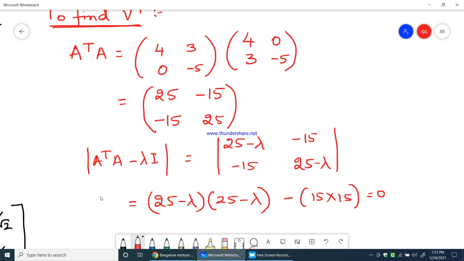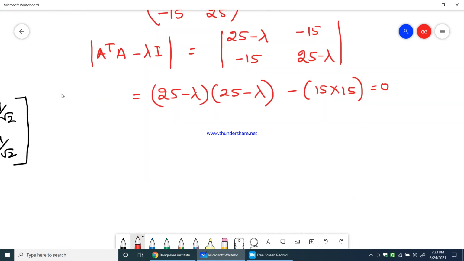If we solve this equation, we get 625 minus 25 lambda minus 25 lambda plus lambda square minus 15 into 15, which is 225. Minus into minus is plus, so minus 225 here, equals 0.